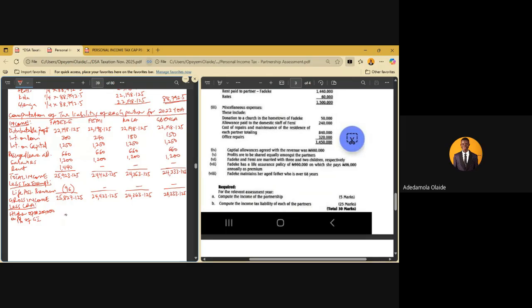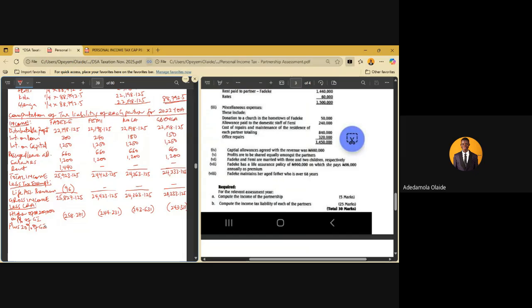So what will be the 1%? 258.271, abi? Yes. 244.231. 243.631. Then 243.331. Then plus 20% of gross income.